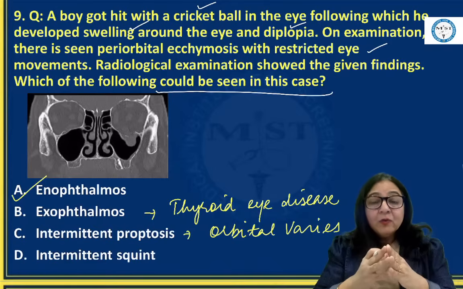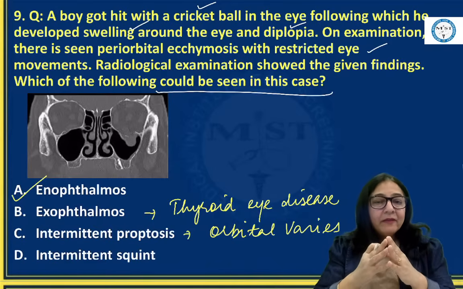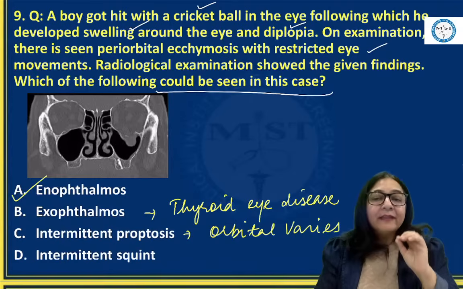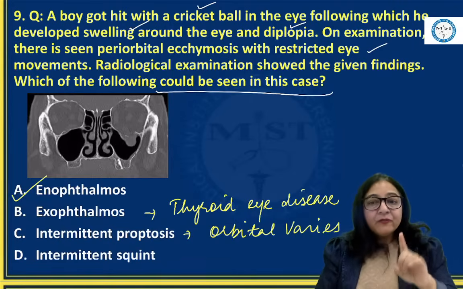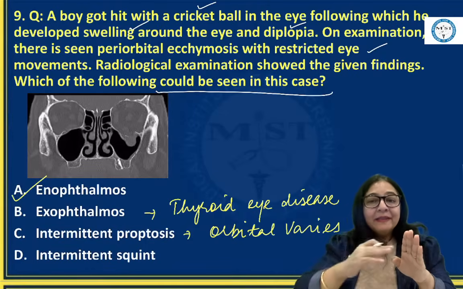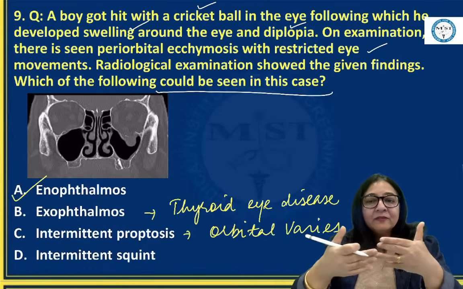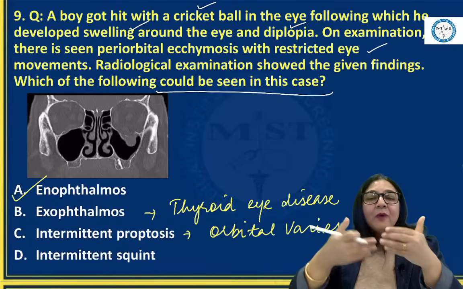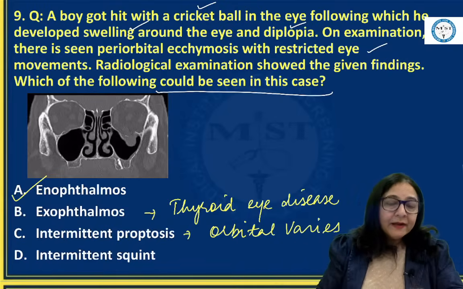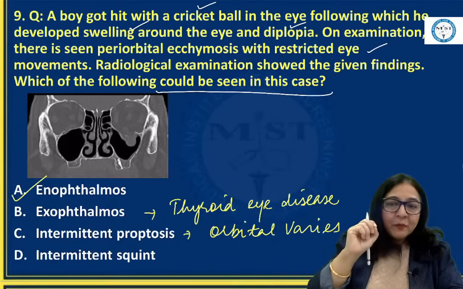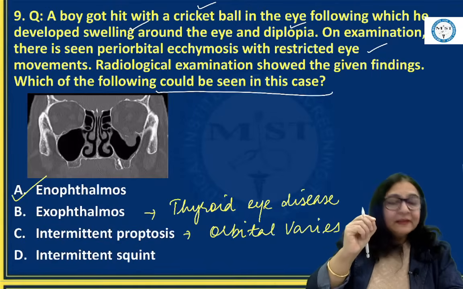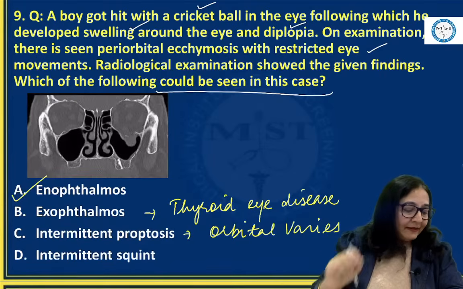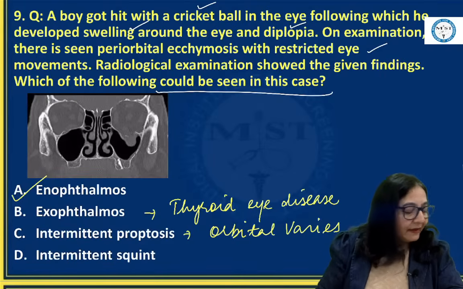In those cases, there is again painful proptosis along with ophthalmoplegia. First of all, one eye is involved, but because the cavernous sinuses of the two sides are connected, the other eye can also be involved. And the important thing you need to remember is that the sixth nerve is the first cranial nerve to be affected in cavernous sinus thrombosis. Okay, right?